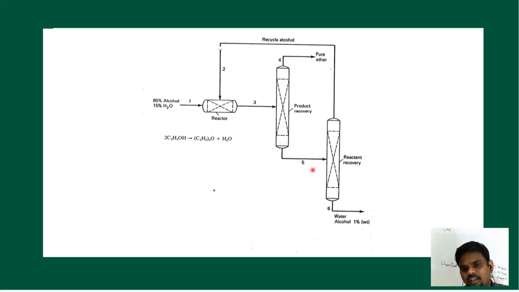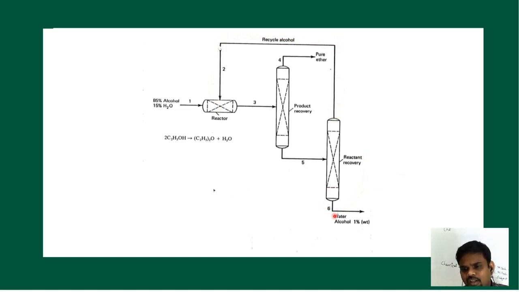Even though it is a distillation column, the bottom product will also contain a minor quantity of alcohol, the unreacted ethanol, which can be recovered. So we can have a recovery unit from which the ethanol is recycled to the reactor.